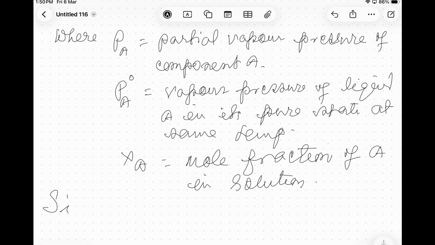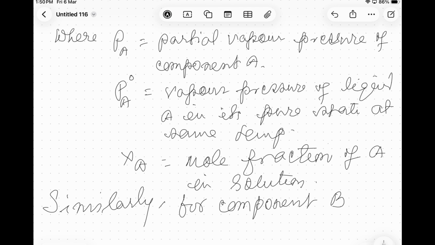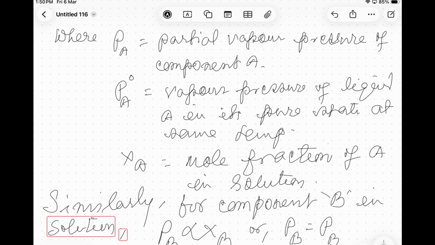Similarly, for component B in solution, we can write PB directly proportional to XB, or PB is equal to PB naught XB. As we know, PT is equal to PA plus PB.